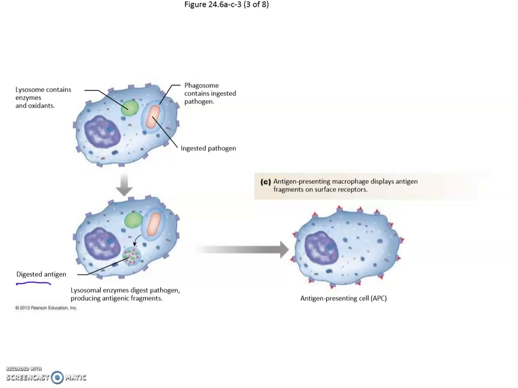In this way this phagocytic cell has become an antigen presenting cell, an APC. Basically this phagocytic cell says, oh, okay, this red triangle here is super interesting, so I'm going to present that to the rest of the immune system and see what they think about it.